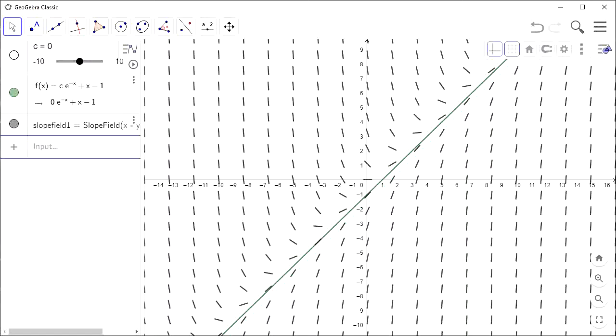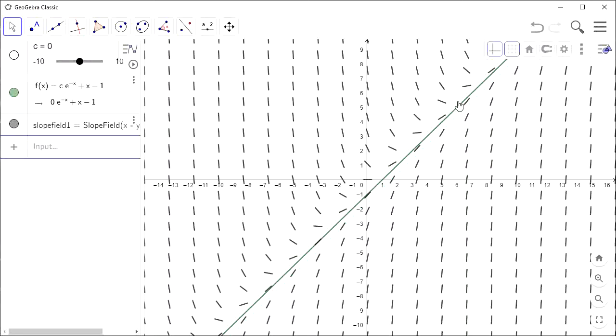This one is GeoGebra. What I have here is the slope field for the differential equation we were just looking at, y prime equals x minus y. You'll notice that the computer draws a much better slope field than I do. And actually, it has the ability to become as fine or as coarse of an approximation as we want.